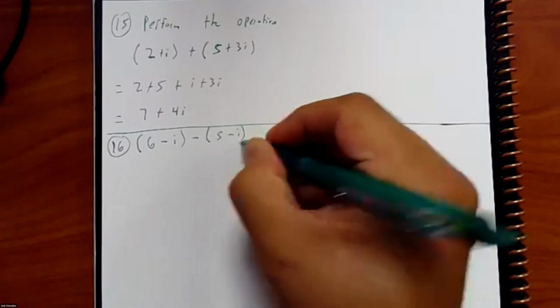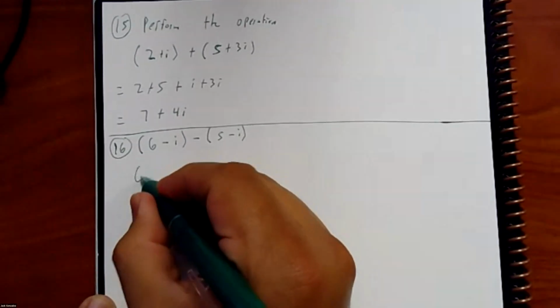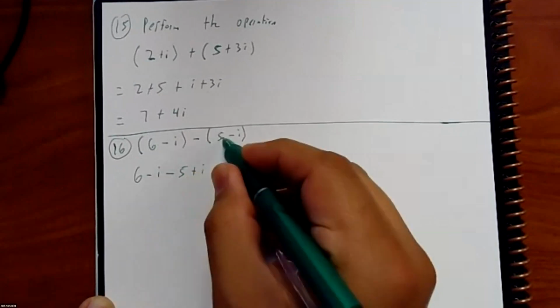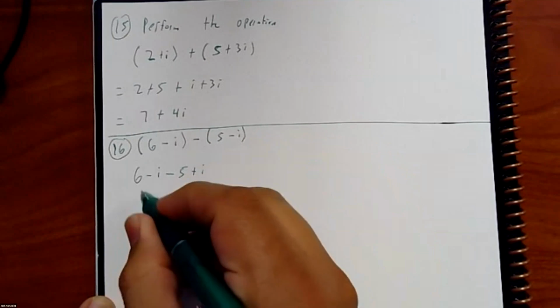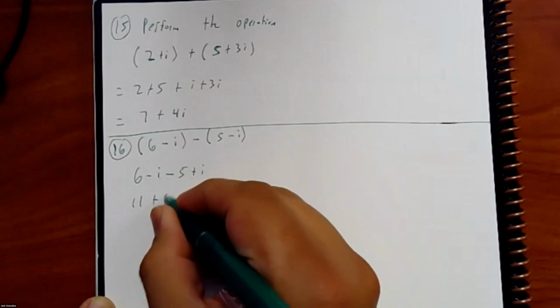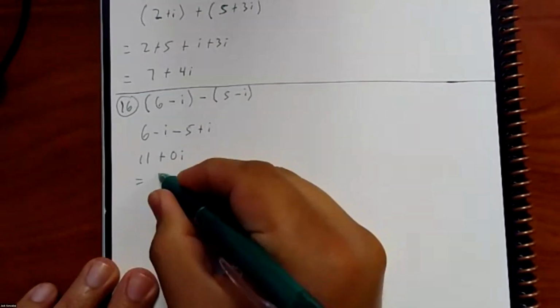Sixteen is the same thing. It's just minus, so make sure you're cool with your signs. So 6 plus 5 is 11. i minus i is 0. So technically you could write that and be weird, but it's just 11.